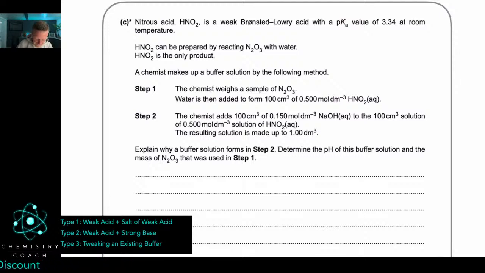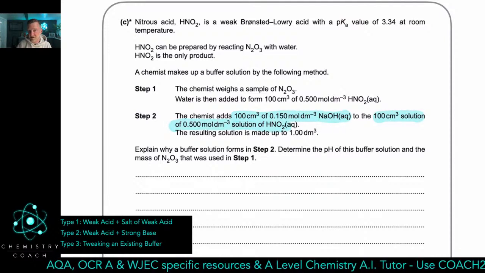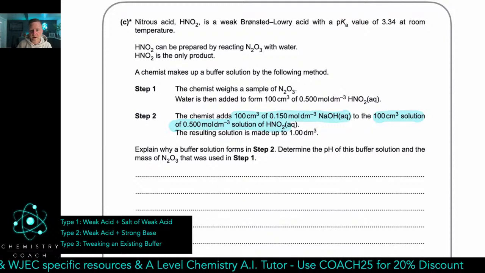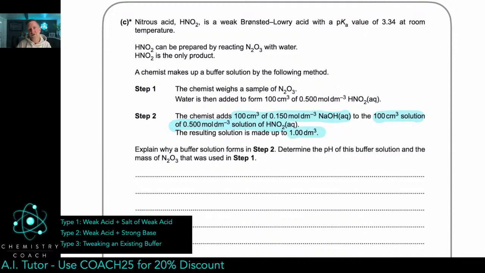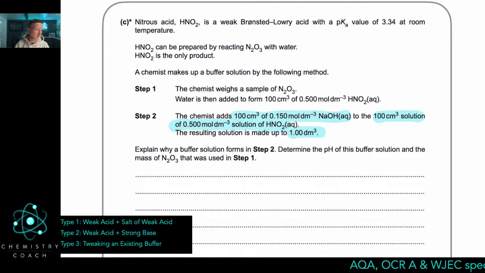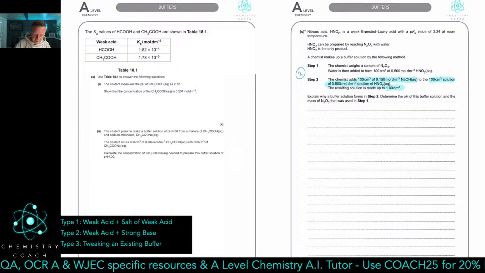A chemist adds 100 centimeter cubed of sodium hydroxide to 100 centimeter cubed of HNO2, which is our weak acid. So they've added NaOH to a weak acid, and they made the solution up to a decimeter cubed. So type 1, type 2, or type 3? There's lots of other stuff going on here, but at the base of it, what type is it? Type 2, absolutely.